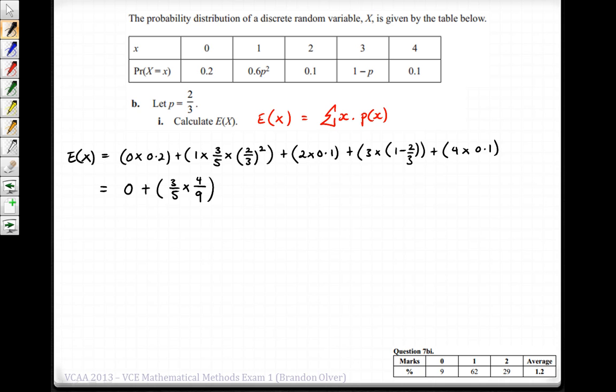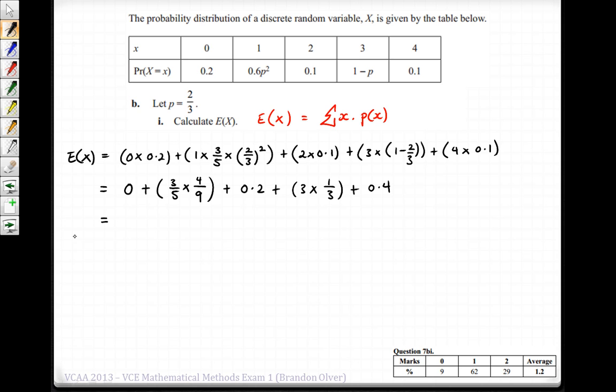So 2 squared is 4, 3 squared is 9. Then plus 2 times 0.1, which is 0.2, plus 3 times 1 minus 2/3, which is just 3 times 1/3, plus 4 times 0.1, which is 0.4.